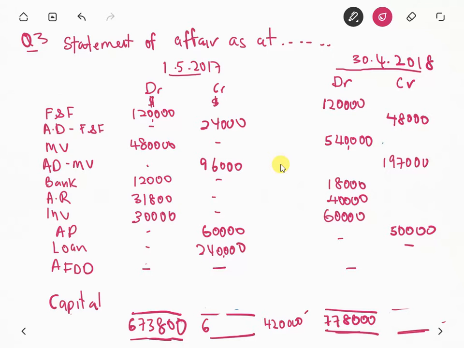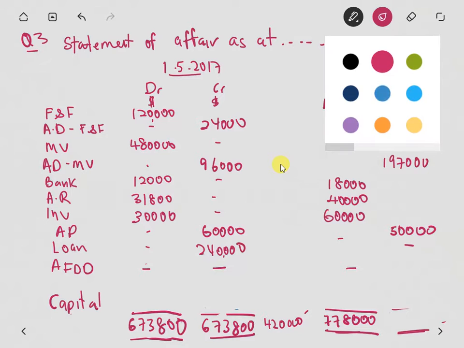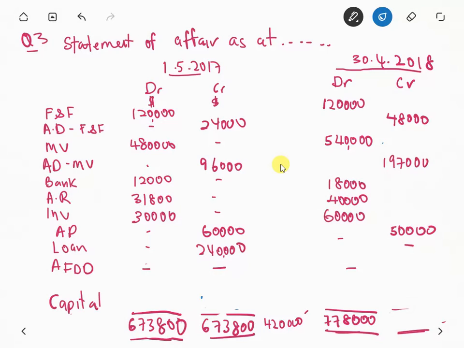But therefore we put 673,800. Find the missing figure. How much? 253,800 is my missing figure. You must know how to find. Debit asset minus all my liability is my capital. A minus L is my 253.